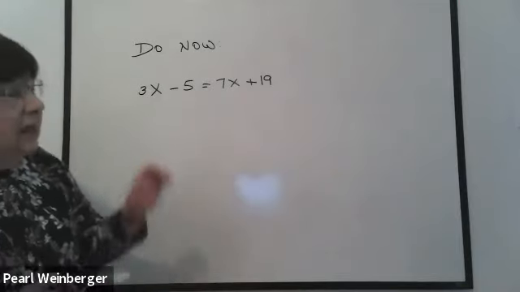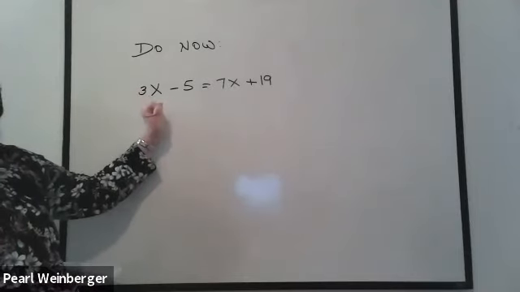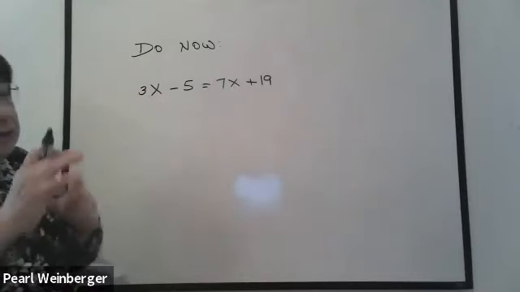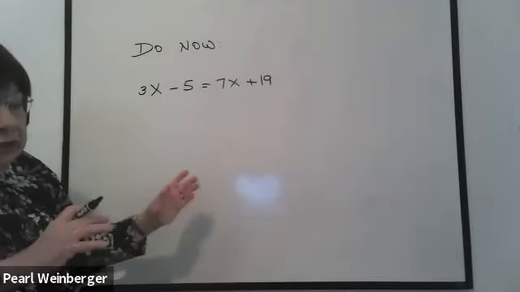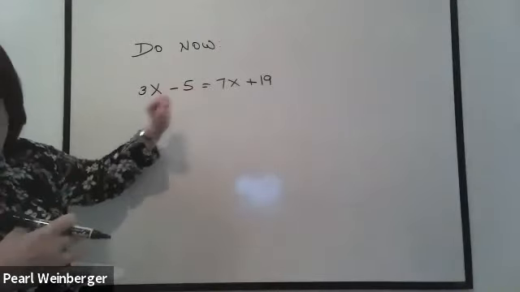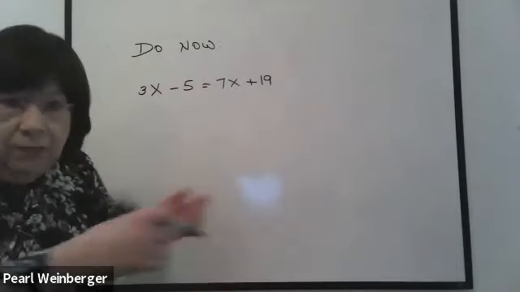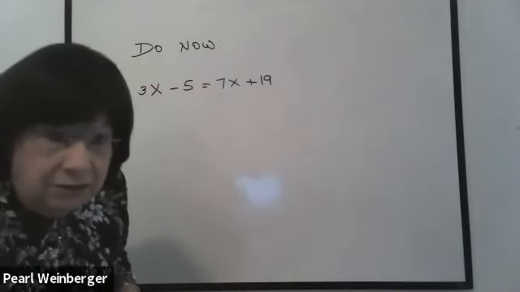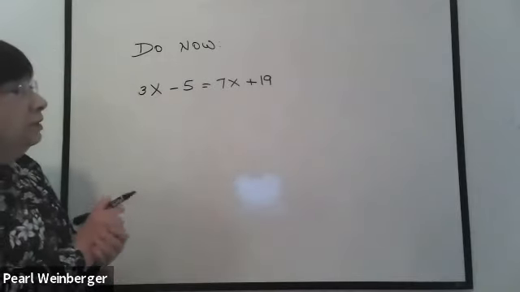And then it's absolutely essential that the x comes out on the left. The working out of the inequality is so similar to the equation that I'd like to get used to doing it that way initially, so that when I get to the next step, it's just automatic. Does that make sense to you, Emma? Okay.